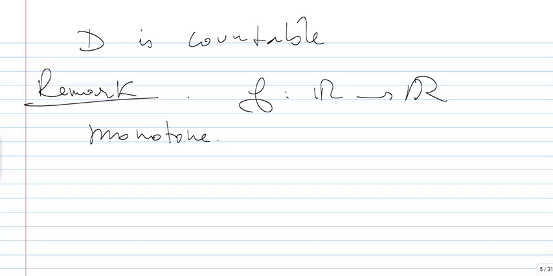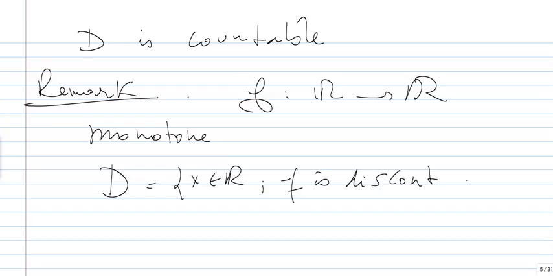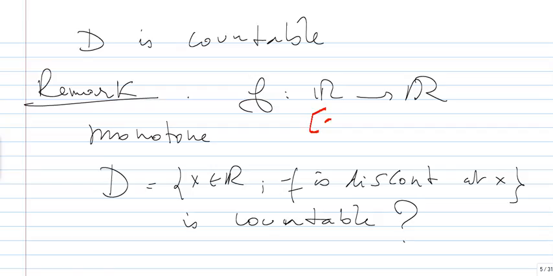Can we still claim that the set D, which is the set of x in R such that f is discontinuous at x, is countable?